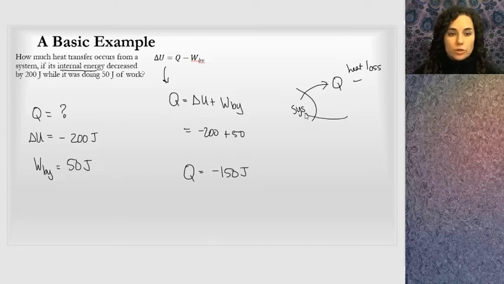As opposed to into the system, if I get Q into the system, that's a positive value. This is heat gain. So I see in this situation how much heat transfer occurs from a system. It's a negative value, so heat is leaving the system. So when you're thinking about energy in transit, remember, ask yourself which direction it is going and whether that corresponds to a positive or negative sign.